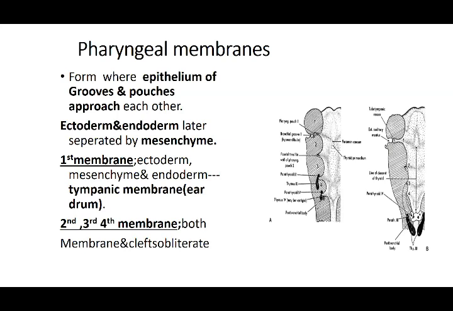So it's just the clefts and the membranes. The first cleft gives rise to the external auditory meatus, and the external part of the eardrum is formed by the first pharyngeal membrane. That is all. The second, third, and fourth do not give rise to anything. They are just closed, and then the pharynx becomes smooth from the outside.